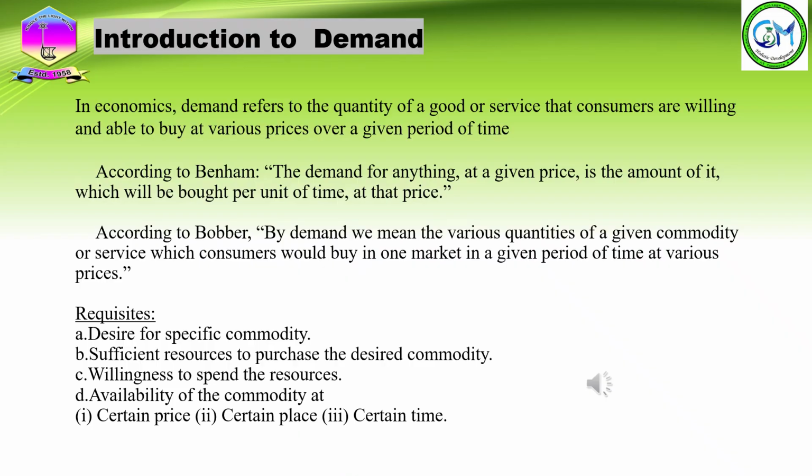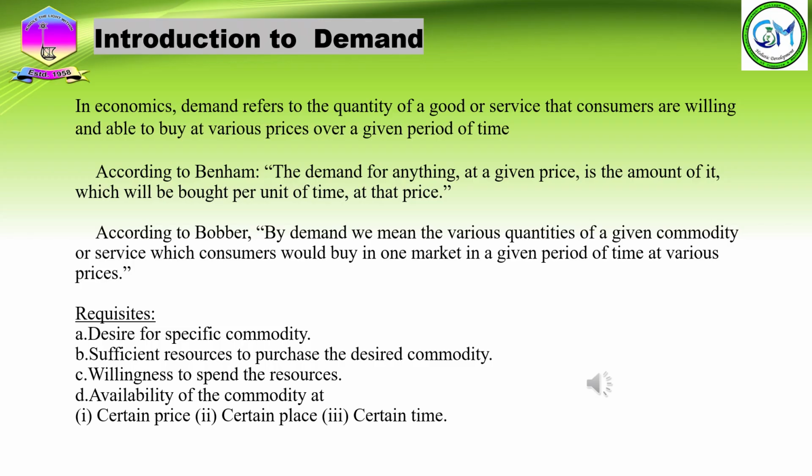According to Benham, demand for anything at a given price is the amount of it which will be bought per unit of time at that price. Another definition, by Bober: by demand we mean the various quantities of a given commodity or service which consumers would buy in one market at a given period of time at various prices.